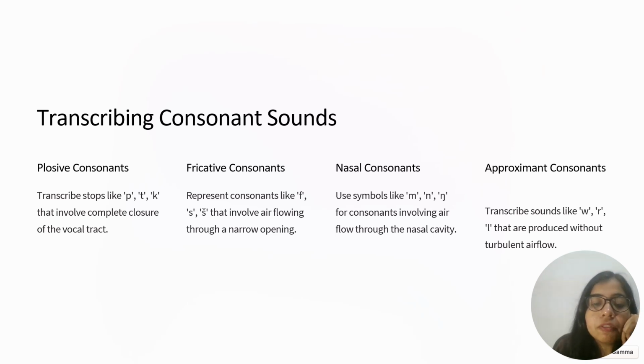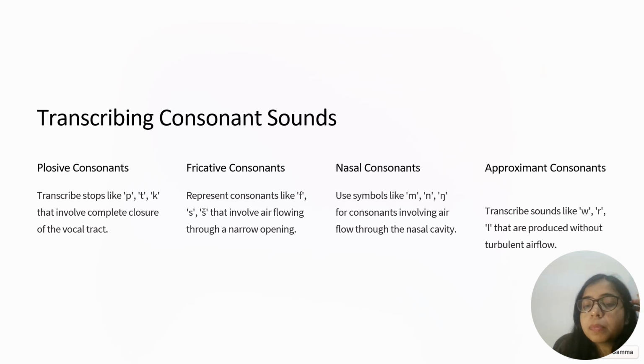Then fricative consonants. Represent consonants like F, S that involve airflow through a narrow opening. When we say F, air flows through a narrow opening. When we say S, air flows through a narrow opening. Then nasal consonants. Use symbols like M, N for consonants involving airflow through the nasal cavity. When we say M, the air is flowing through the nasal cavity. When we say N, the air is flowing through the nasal cavity.